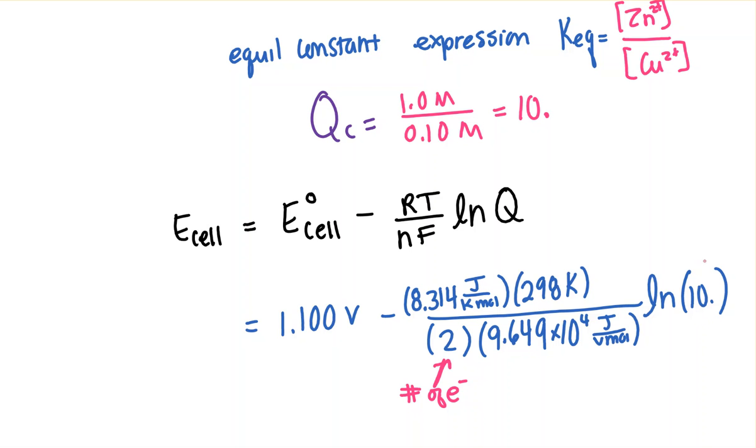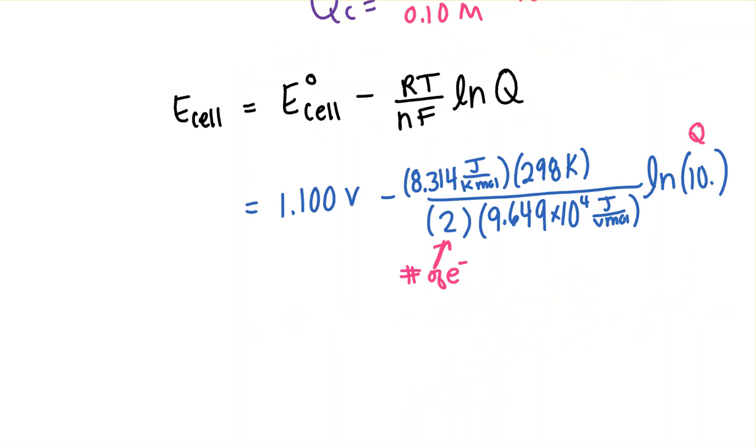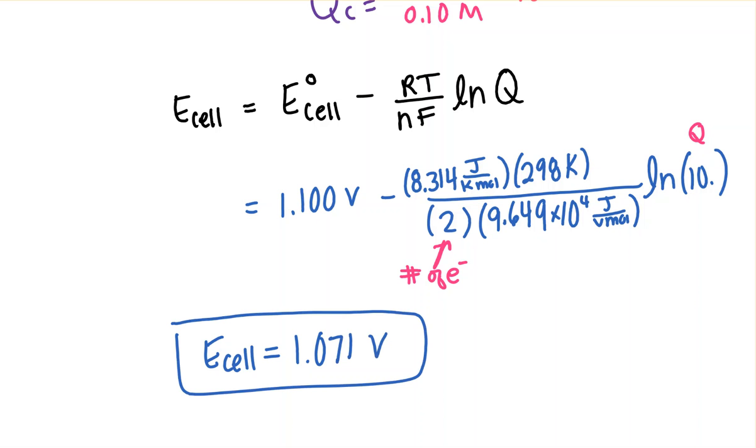But anyway, and then this was my Q that I determined above. And that's it. So that is my predicted cell potential on those conditions. I know that they give you an observed one, and it should be close to that, but it won't be exactly that.